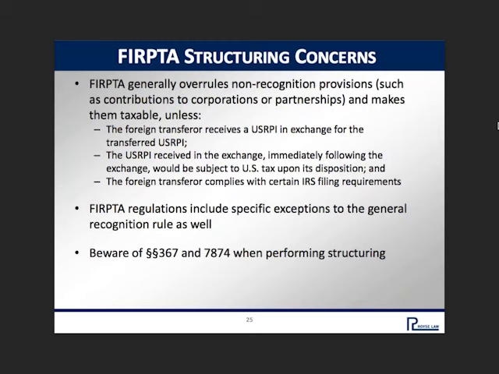If you put a U.S. real property holding corporation into a foreign corporation under 351, you could end up triggering 7874, where that parent foreign corporation will be deemed to be a U.S. corporation for U.S. tax purposes because you committed an inversion. Now, the FIRPTA regulations kind of encourage you to do that. Don't listen to them. That's a trick.